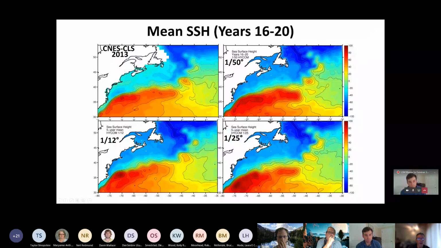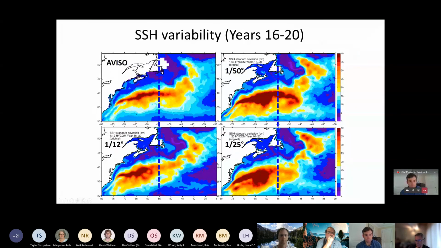So if we look, question? Okay. And so if we now look at the corresponding sea surface height variability, on the top left is based on the Aviso sea surface height variability for the past 20 years.